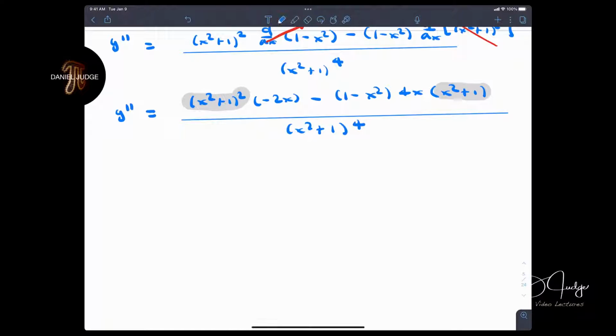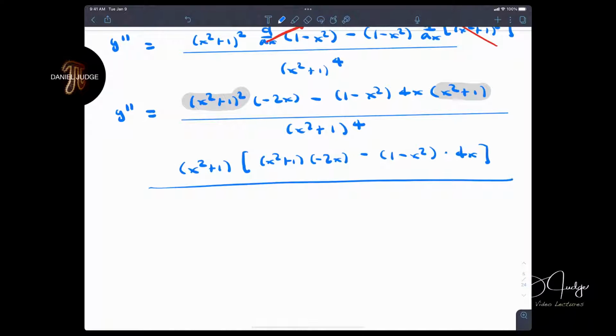I'm going to factor out the greatest common factor of an x squared plus 1 here. That'll leave me with a single x squared plus 1 times that minus 2x, minus a 1 minus x squared times a 4x up here. And you have that x squared plus 1 to the fourth power here.